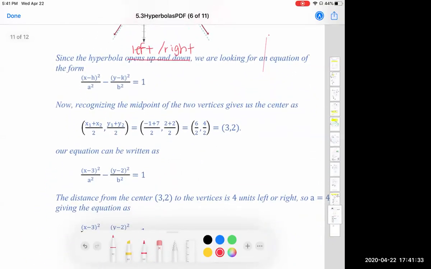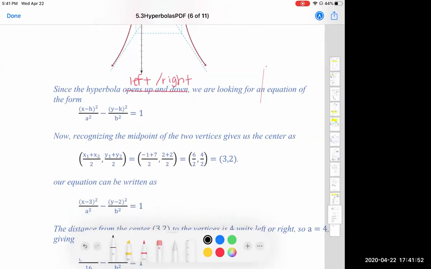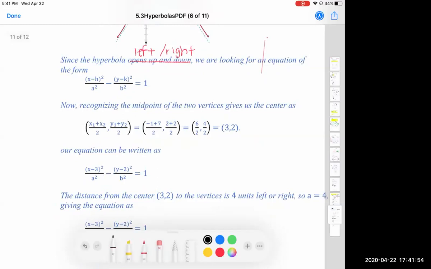So we find the midpoint between our two points, (-1, 2) and (7, 2), using the midpoint formula. You plug in those values, you get the point (3, 2), and that would be your center.